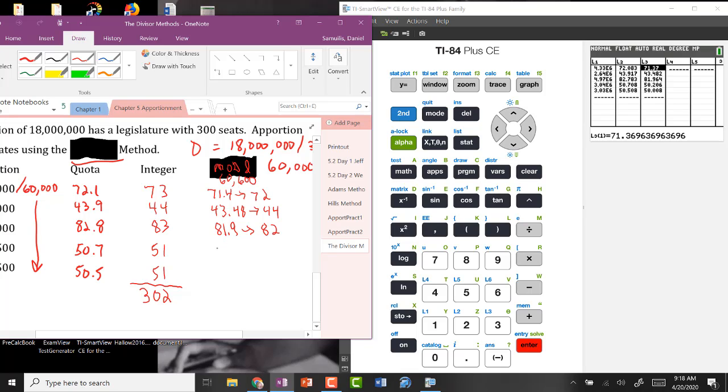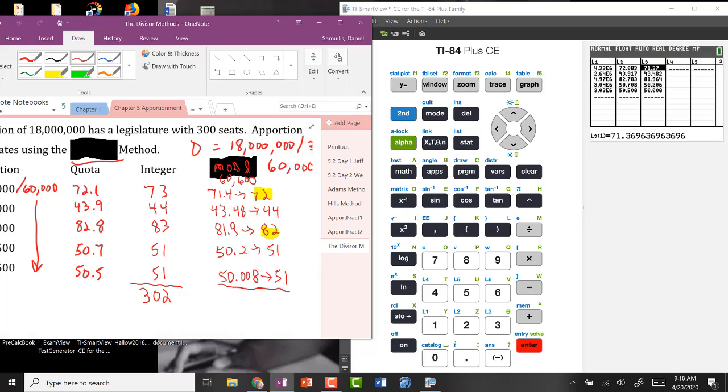And then the other one's no change, and that's what I'm looking for. 50.2 goes up to 51 with the Adams method, and then 50.008. Still 51. Highlight the two losses. Loss of 1, loss of 2.